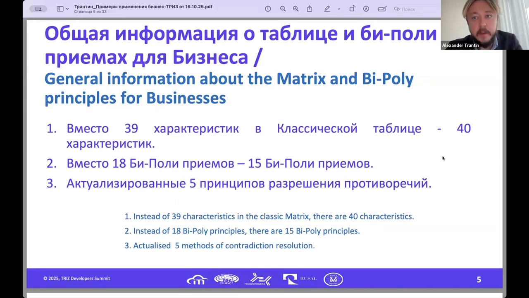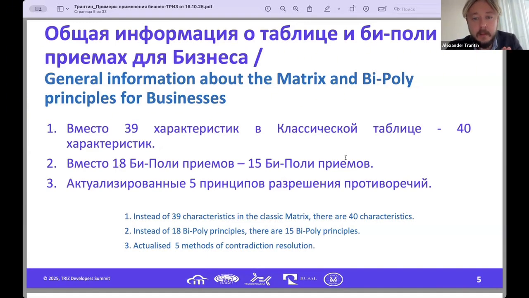So using bipolar matrices helps people who are not tech savvy to find characteristics that can be applied well for addressing their problems.